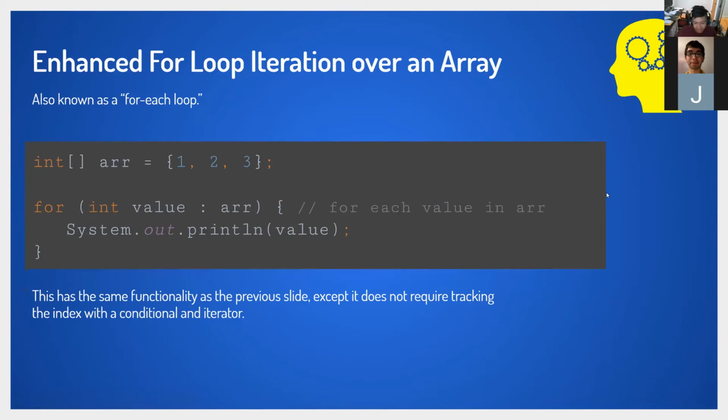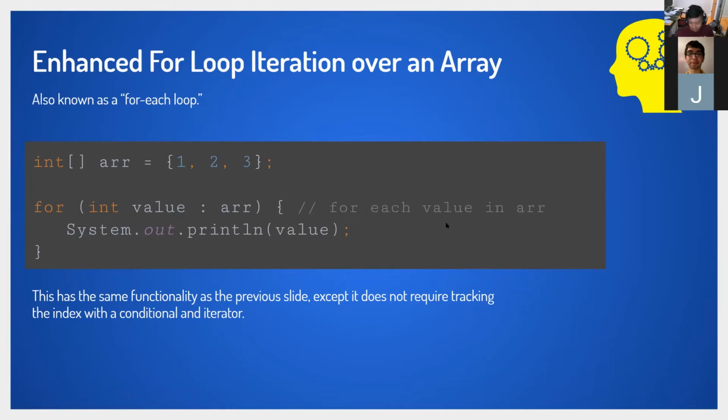Now, this is called the enhanced for loop, and it also goes by another name, the for each loop. And it's a shorthand equivalent of this, okay? So we start with the same thing here. We have a for loop, okay? And we have parentheses. We assign a variable a name, like integer value, and then we say colon, and then after that the variable that holds the array.